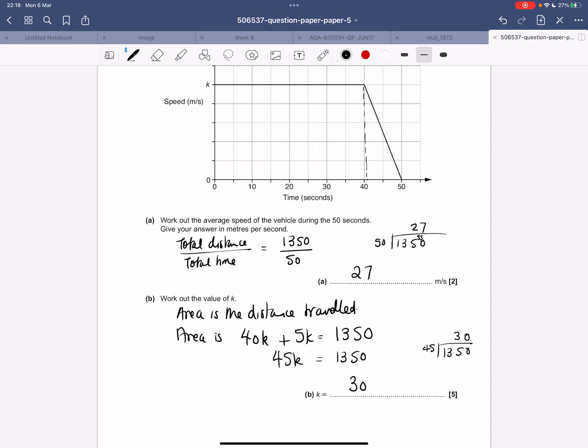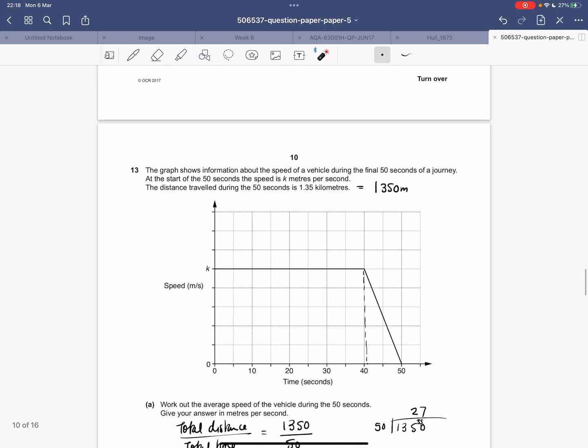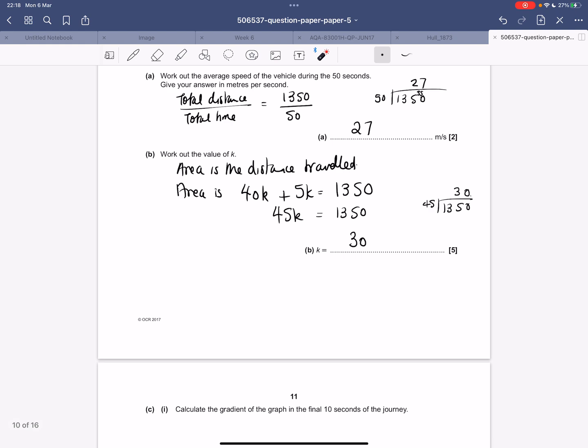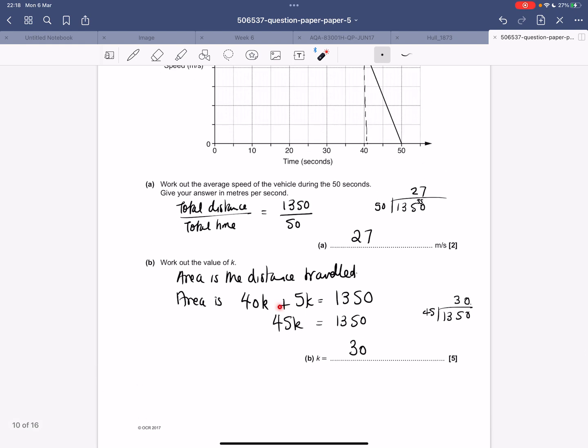So k is 30. That's because the areas of these two shapes have to add up to the total distance travelled, 1,350. So you work out the areas, add them, and do the division.